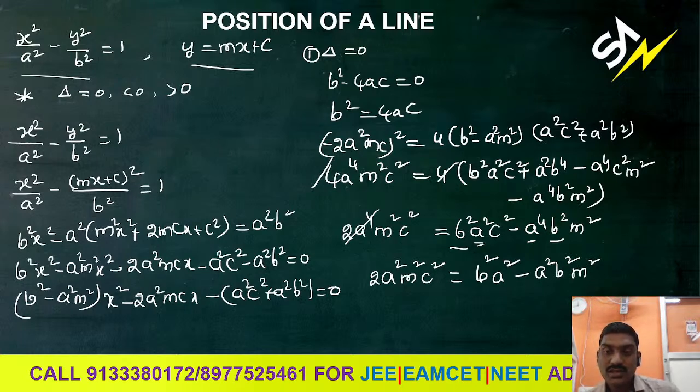What do we have to calculate actually? We have to calculate the condition for c. What is c? The c value we have to calculate. So for that, once again 2mcx.